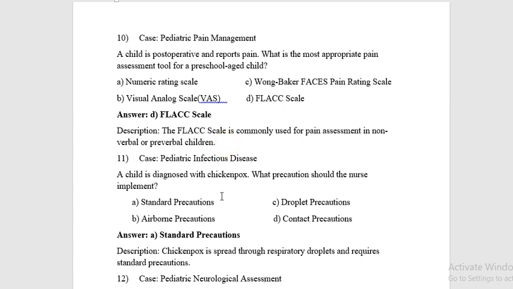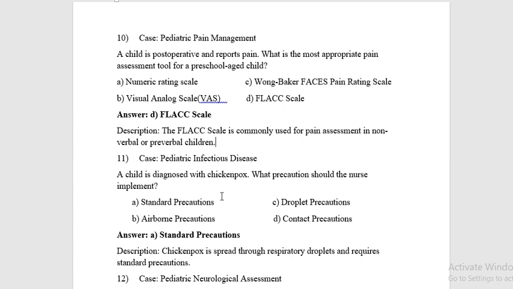Question number 11. Pediatric infectious disease. A child is diagnosed with chickenpox. What precaution should the nurse implement? Choice A, standard precaution. Choice B, airborne precaution.